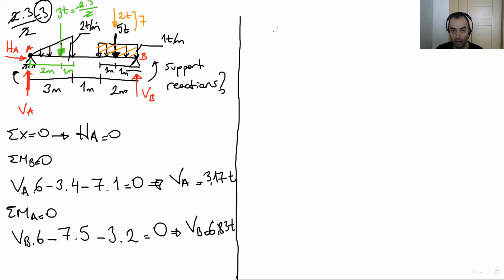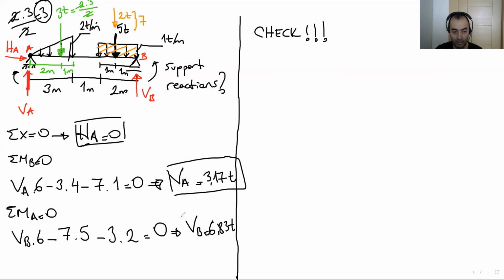Total Y, check. Now, actually, we have just completed the question. We have all support reactions, but I need to know what I'm doing. Check total Y equals 0.